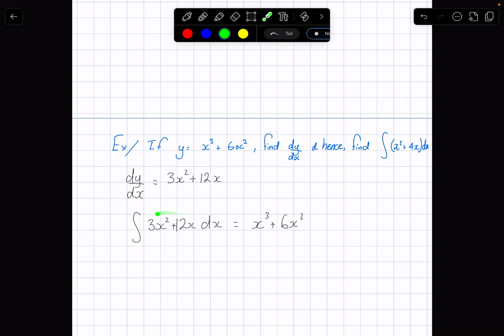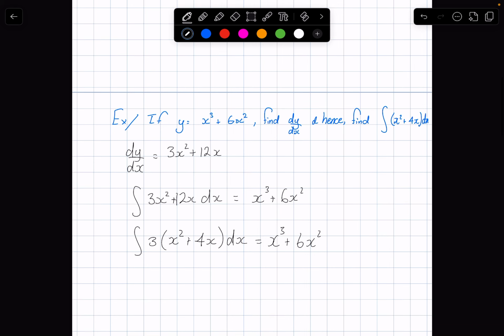Now I'm pretty close to that, but I have this common factor of 3. So let's take that out of my function. So if I take 3 away from 3x squared, I'm left with x squared. Take a factor of 3 out of there, I'm left with 4x dx, and that's still equal to x cubed plus 6x squared. So looking at this part here, we can see this matches my integral that I'm after.